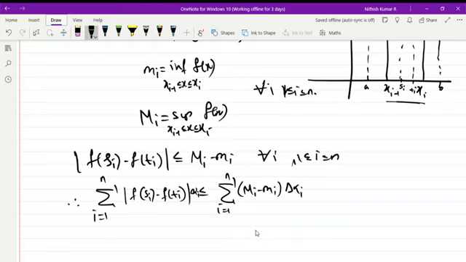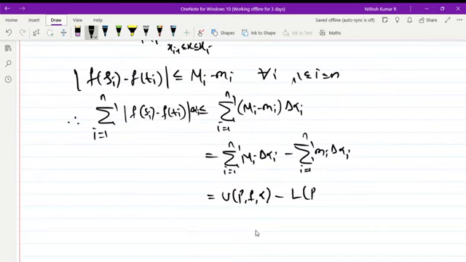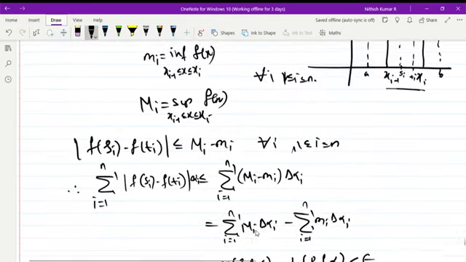If I split this, it is the summation of Mi into delta alpha i, i from 1 to n, minus the summation of mi into delta alpha i, i from 1 to n. Now the first summation is nothing but U(P, f, α), and the second is L(P, f, α), and their difference is less than epsilon. So I got this relation is less than epsilon. That's what I need to prove in this case.